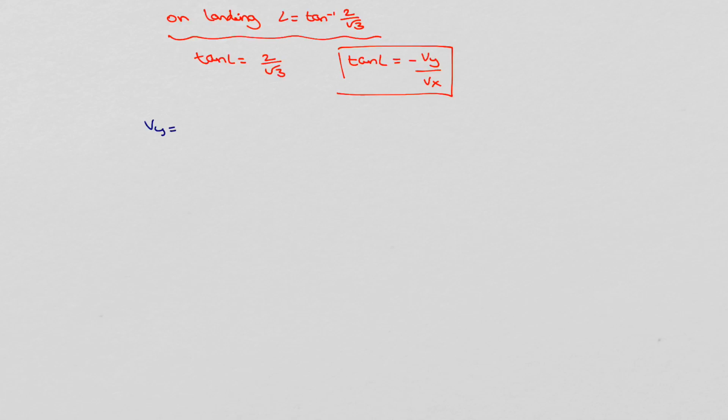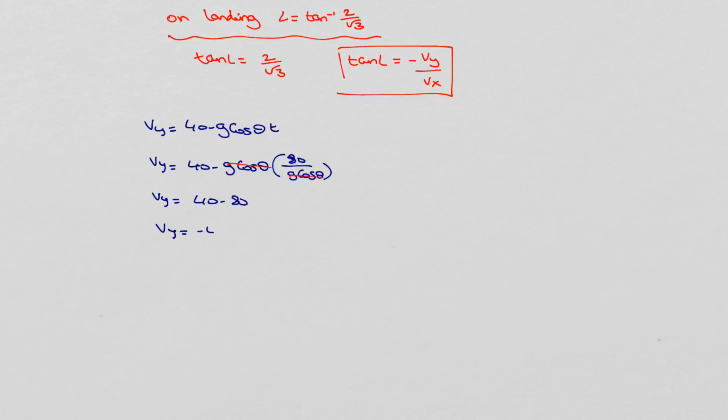So we can say Vy is equal to 40 minus g cos theta t. And we've just worked out our time of flight, where we saw that the time of flight was 80 over g cos theta. So g cos theta cancels there. So that's nice and handy because we get 40 minus 80, and therefore Vy is equal to minus 40.